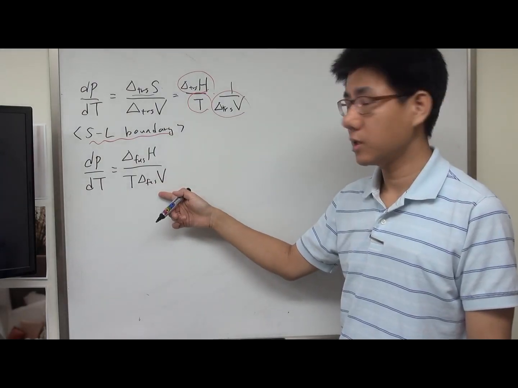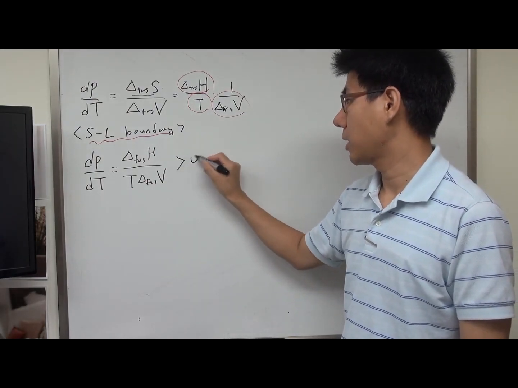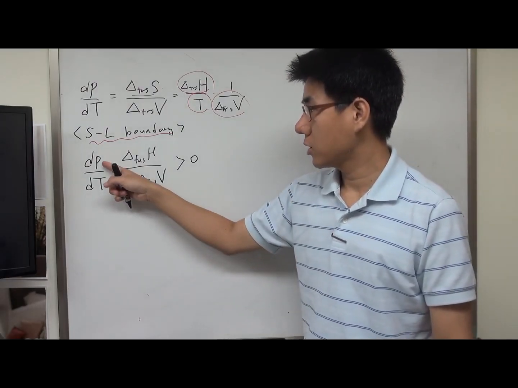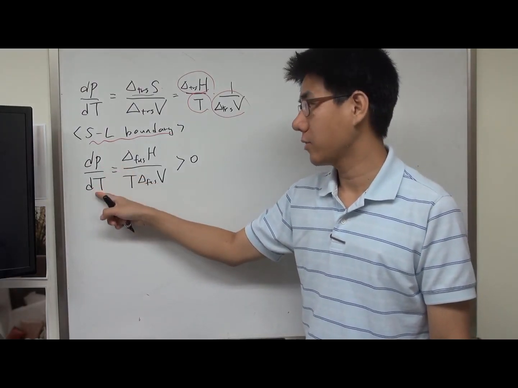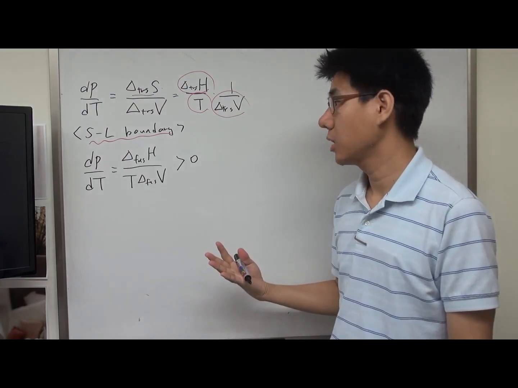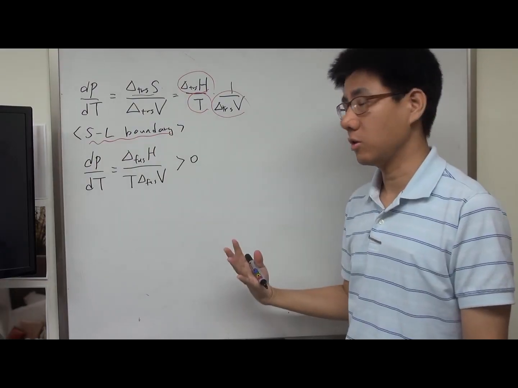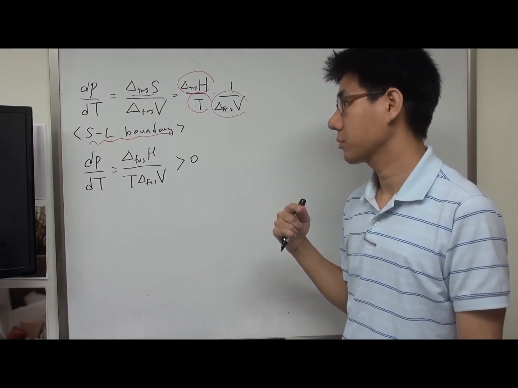Most cases, right? So you can first know that this is positive. Oh, pressure increases if temperature increases. Okay? The slope of the phase boundary between solid and liquid for most materials is positive.